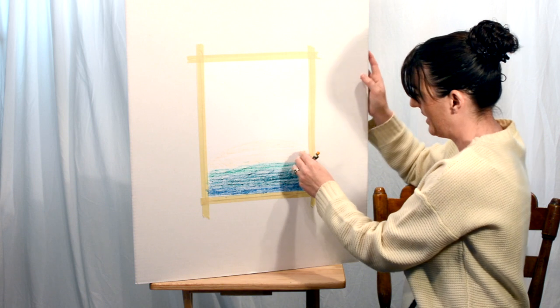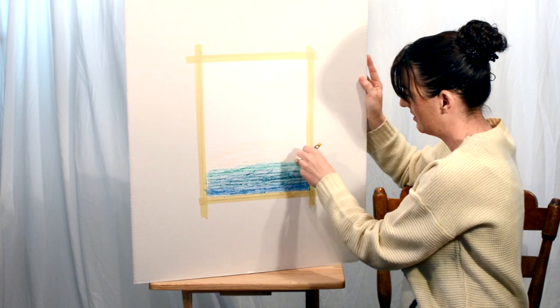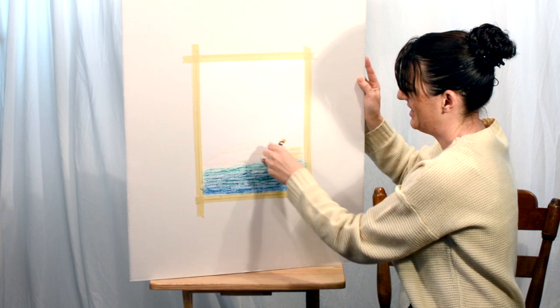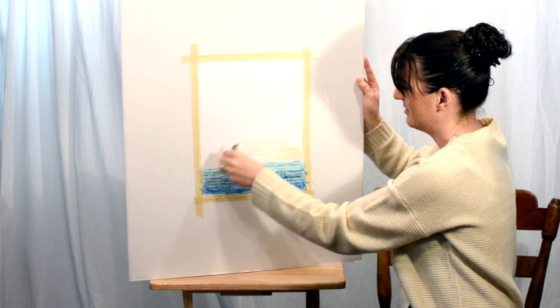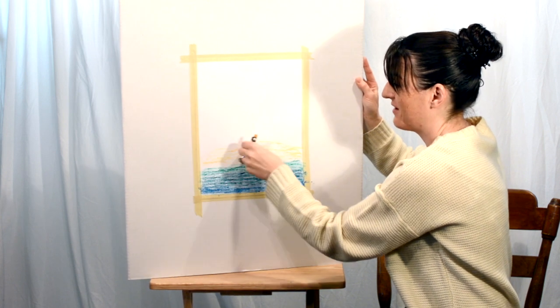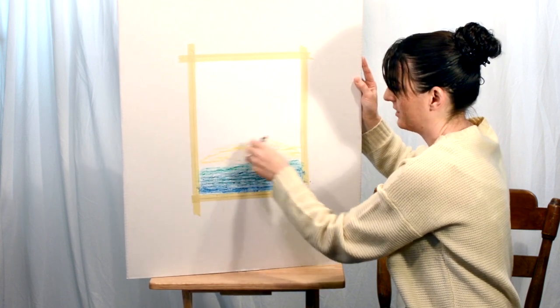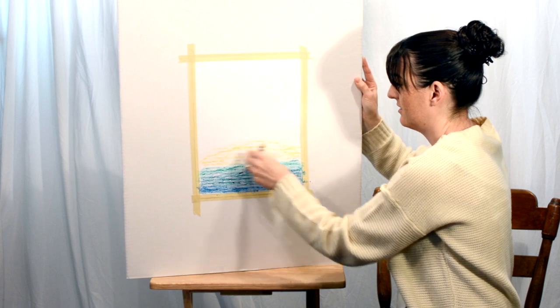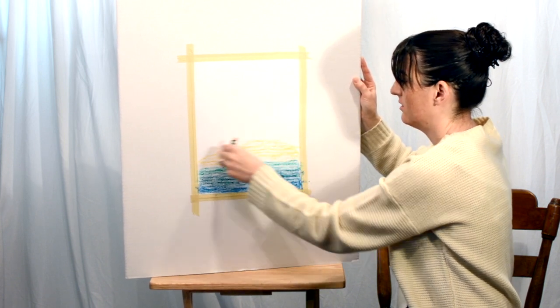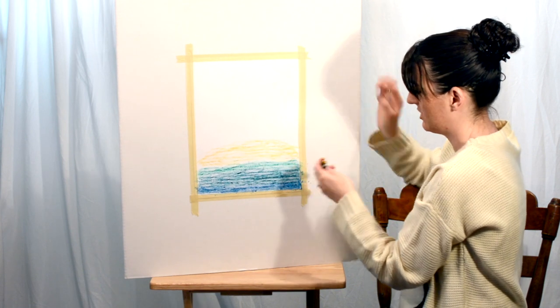Okay, let's see what happens with this one. It's got some yellow sand coming in. I'm not sure that's my favorite, but it will work for today. This is actually looking more like a sun now, but we'll change that.